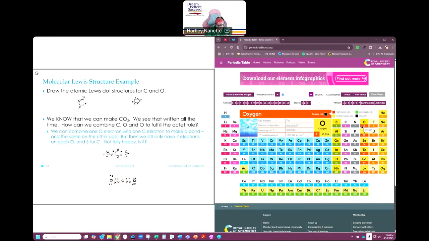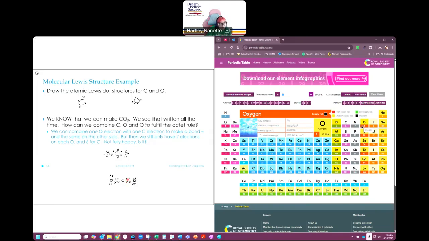And 1, 2, 3, 4, 5, 6, 7, 8 around that carbon. And 1, 2, 3, 4, 5, 6, 7, 8 around that oxygen. And now everybody's happy. And so there are ways that we can redistribute those electrons to make things completely happy.